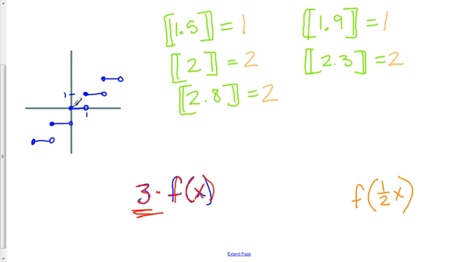This is going to stay the same here, but then the next value up is going to be here at 3, because it's going to multiply that by 3, and then over to there. 2 times 3 is 6, so then it's going to be up here at 6, and over 1, and then down here at a negative 3, and so on and so forth.